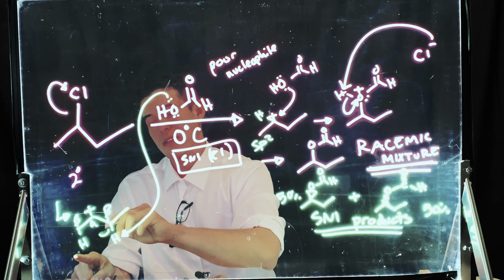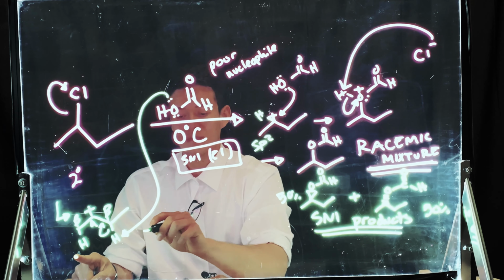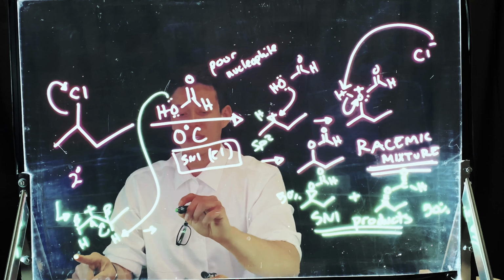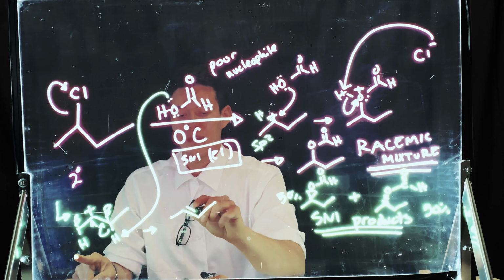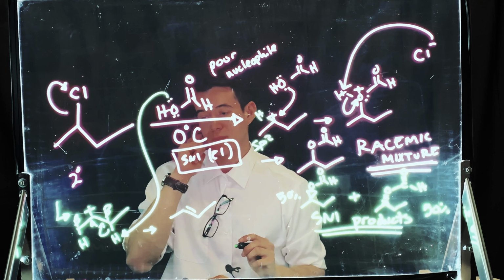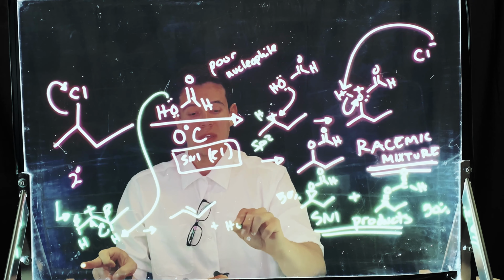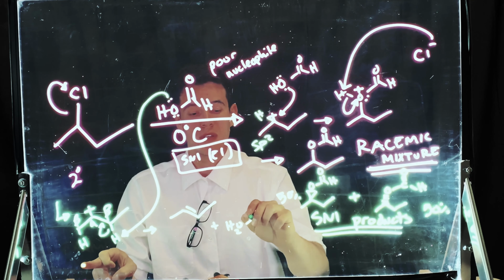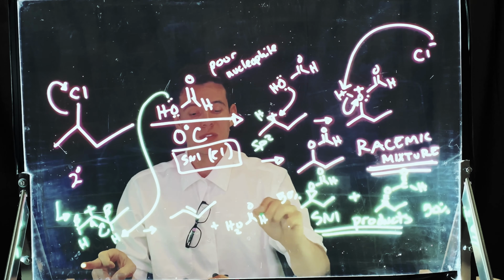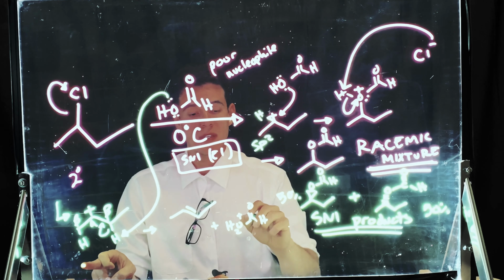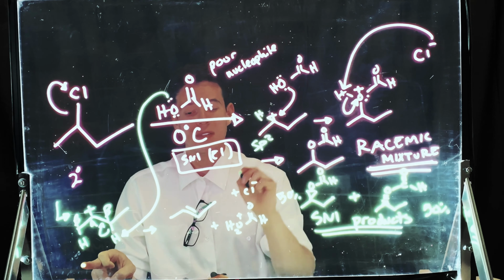When I do that, I will form a double bond here. So I can get a double bond formation there, plus HO, C double bond OH, plus and a Cl minus.